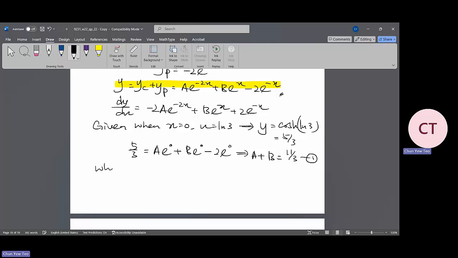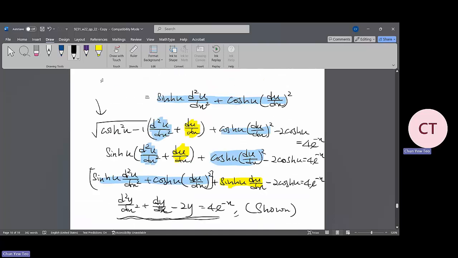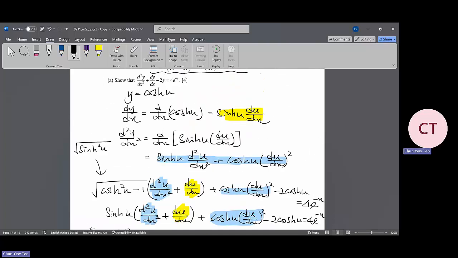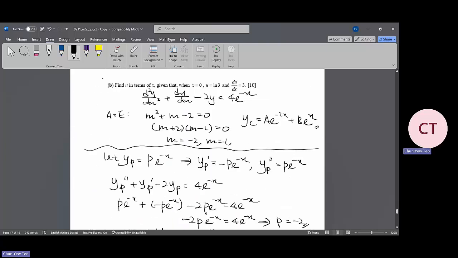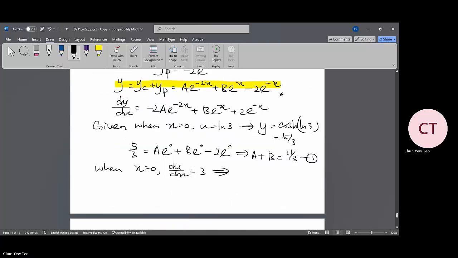Then when x is equal to 0, your du/dx is 3. What is your du/dx? This is your du/dx, so your dy/dx is equal to the derivative of cos u with respect to x.